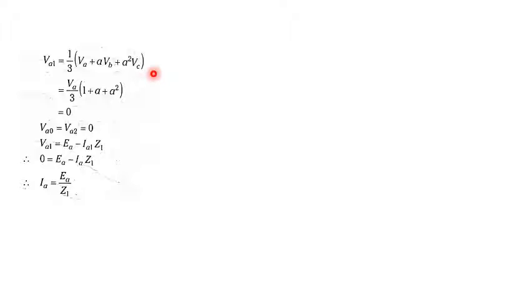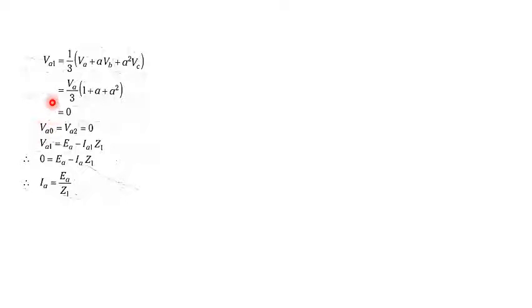Because VA is the same as VB, which is also the same as VC, from the terminal condition, VB and VC values are the same. We'll get 1 plus A plus A square, with VB equal to VA and VC equal to VA. We will get VA divided by 3, so this value will become 0. Already VA0 and VA2 are equal to 0 because IA2 and IA0 are already 0.